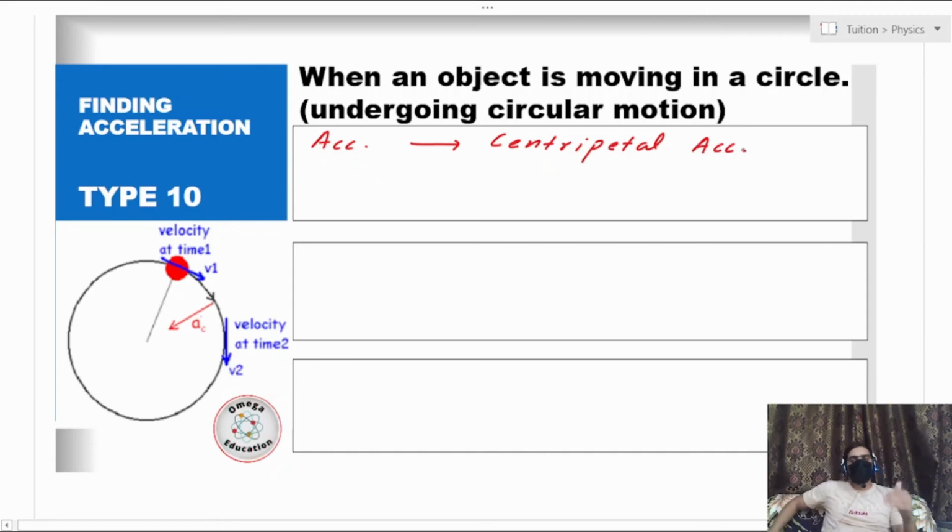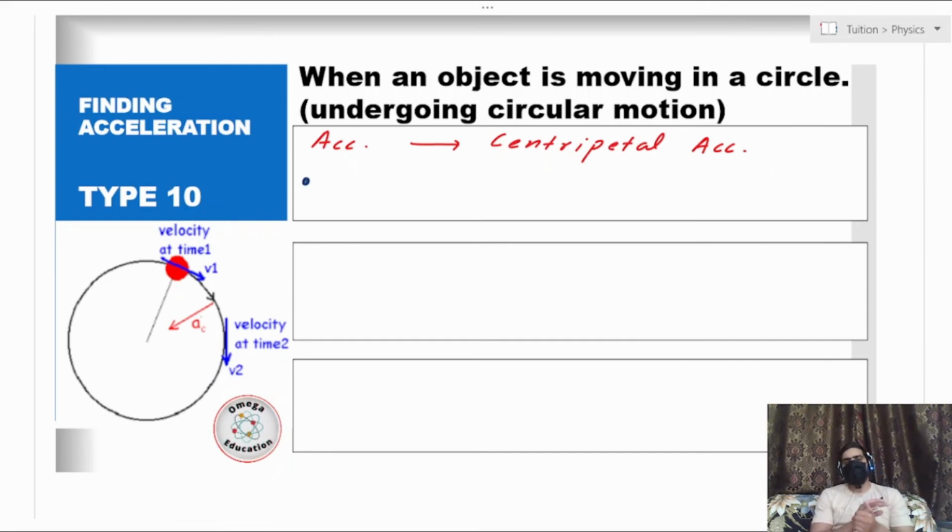When an object is moving in a circle, its acceleration is called centripetal acceleration. And related to circular motion, the things that you can be asked about acceleration is, I'm going to write it down.